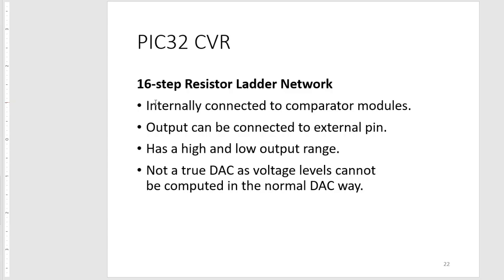It's not really a DAC, especially since you cannot compute the output of the CVR the normal way, which is the DAC code times the voltage reference over the maximum, or 2 to the resolution.